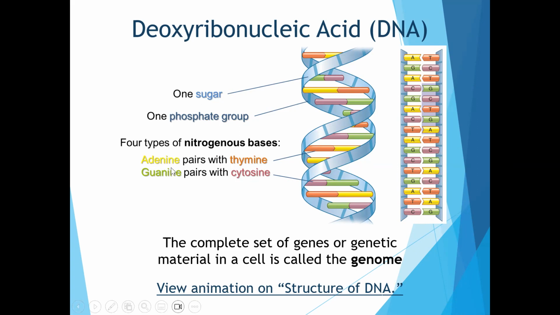The four are adenine, thymine, guanine, and cytosine. Adenine is always going to pair with thymine, always. So you'll never see an A and a G or an A and a C or a T and a G or C. So you'll see here AT, AT, AT, TA, always together. Same thing for guanine and cytosine. You'll always see C and G together.